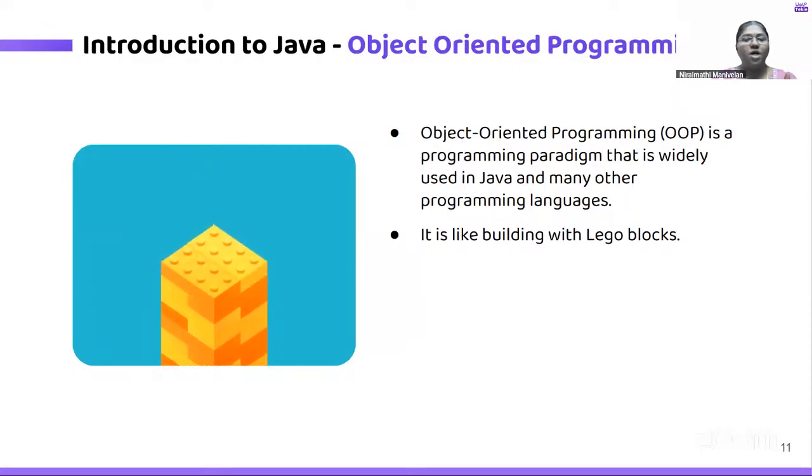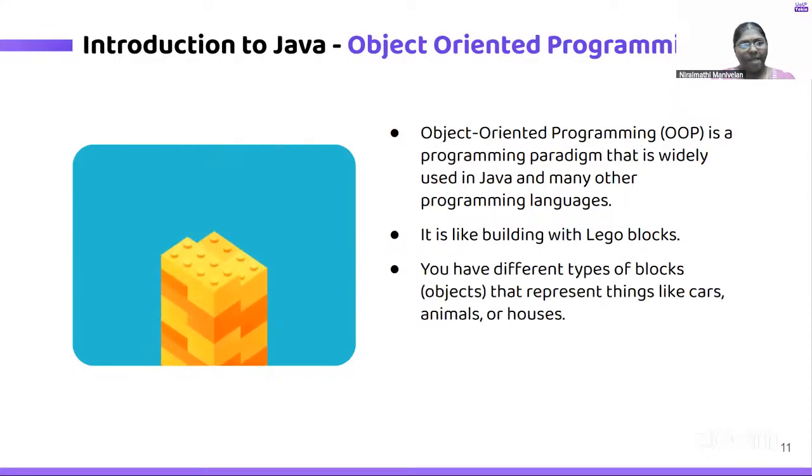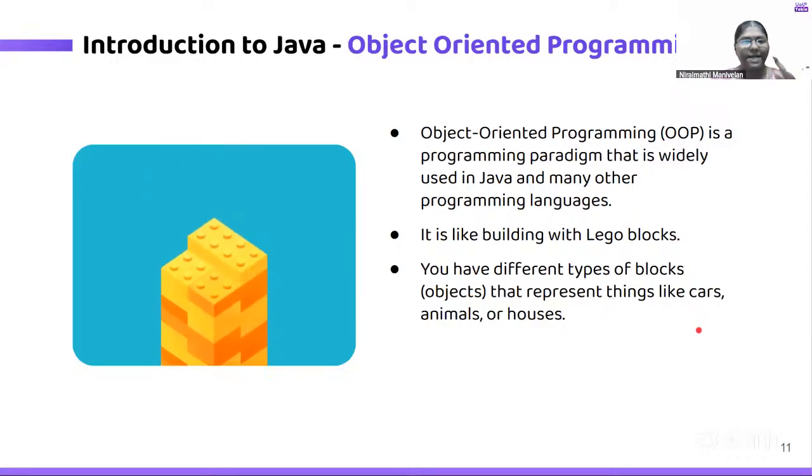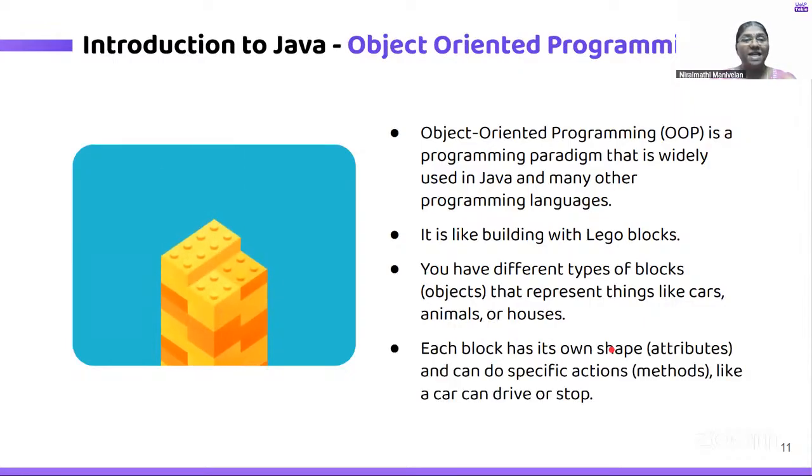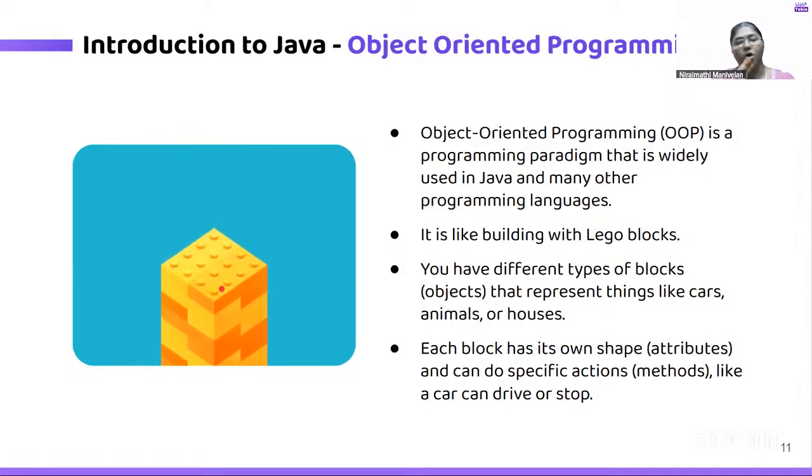So you have different types of blocks called objects. We can compare them with things like cars, animals, or houses. Each block has a different shape. All the things are not of the same shape, right? Everything has a different shape.